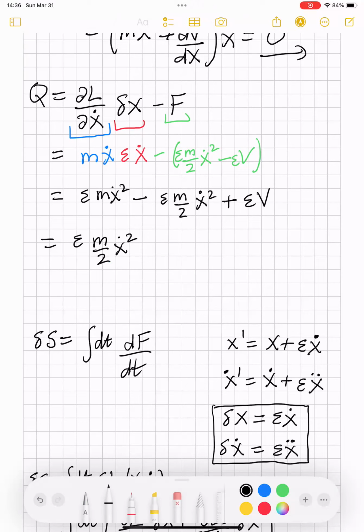And then we've got plus epsilon V. So let's put the plus V here. We'll take the epsilon out. And this is nothing but epsilon times the Hamiltonian. And that's exactly what we wanted to demonstrate. So you've seen that we've obtained the Hamiltonian as the conserved charge associated to time translation invariance.